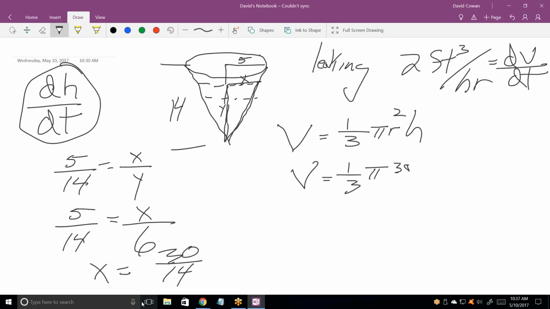I need to square that, multiply it by my y, which is 6. Now, that would come with the volume, but that's not... I know how to do these, I just got to remember how.